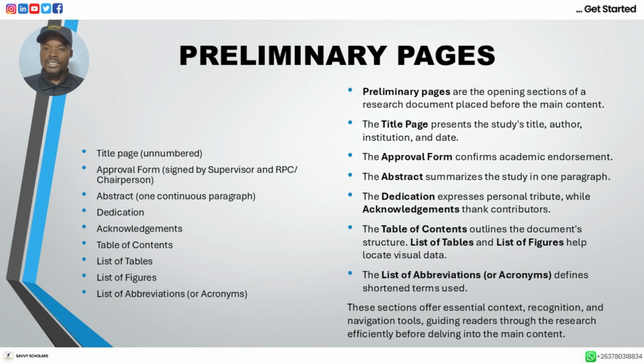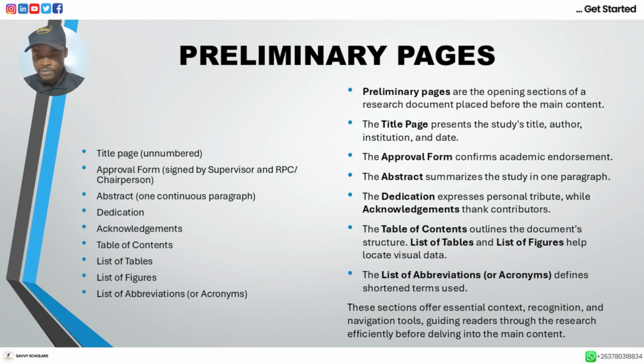The abstract summarizes the study in one paragraph. The dedication expresses personal tribute, while the acknowledgement thanks contributors. The table of contents outlines the document structure. The list of tables and the list of figures help us locate the visual data.